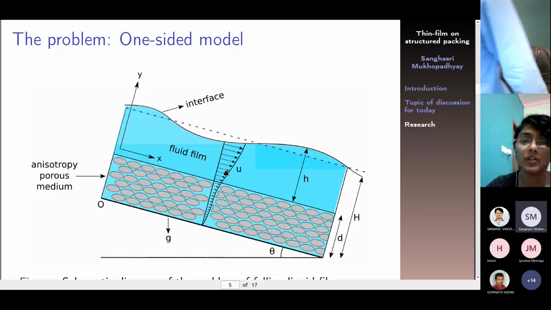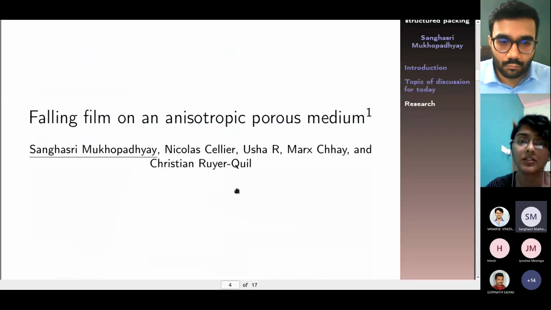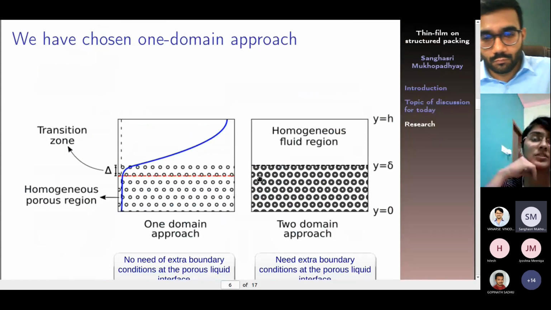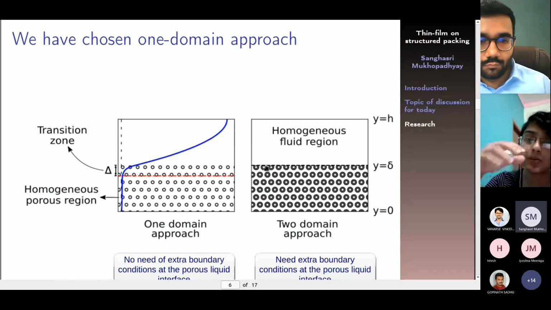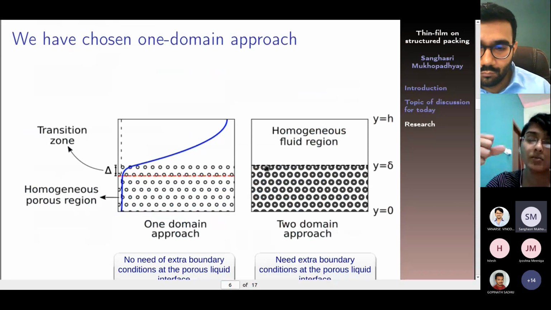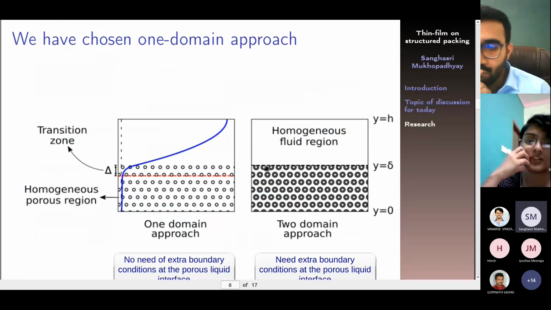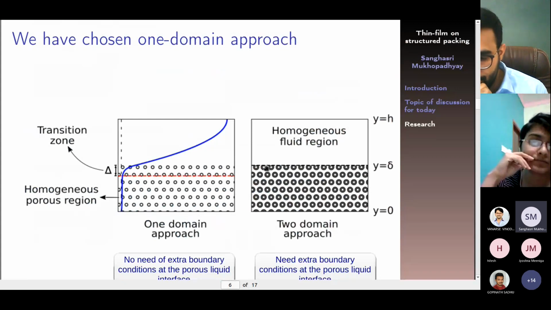Yes, here we are taking this approach which we call the one domain approach. If you are talking about the two domain approach, including more boundary conditions at the fluid porous interface, I have actually done this. We get similar results from there, at least up to the linear stability.